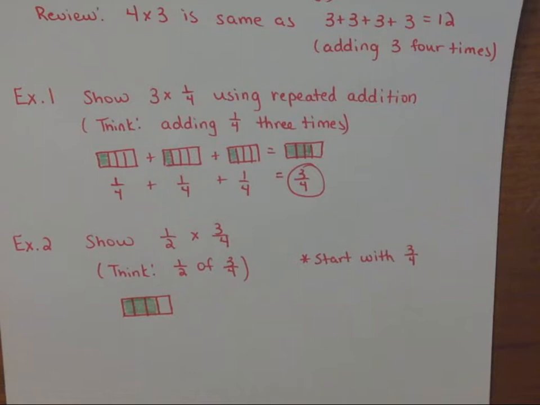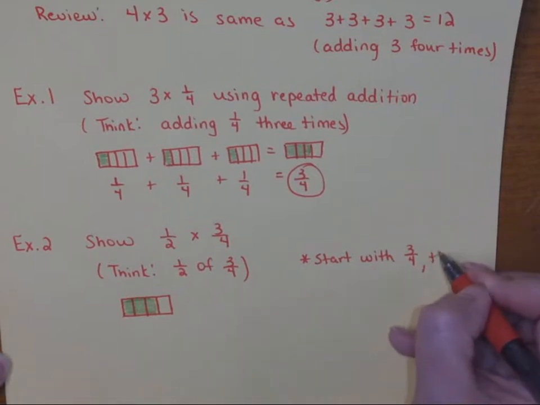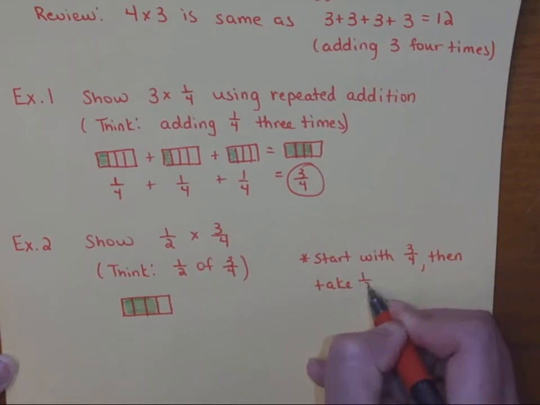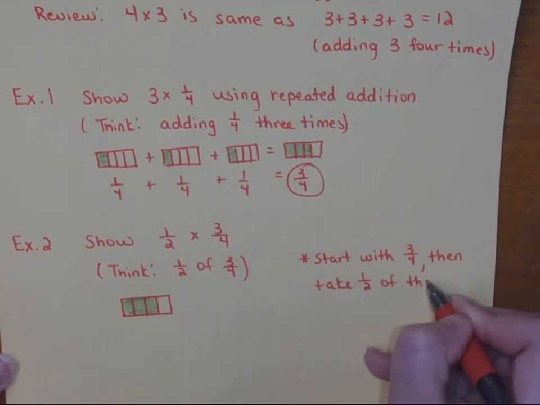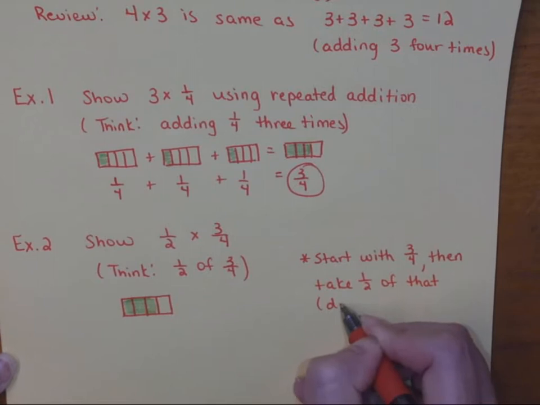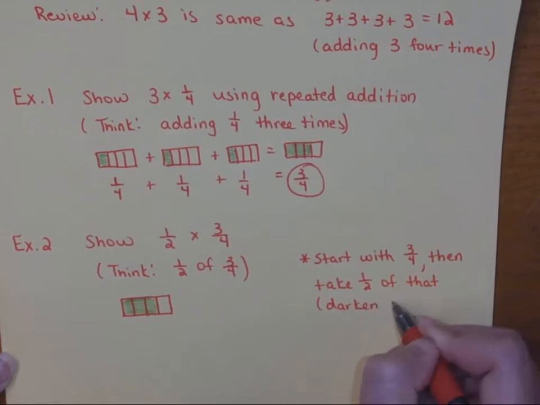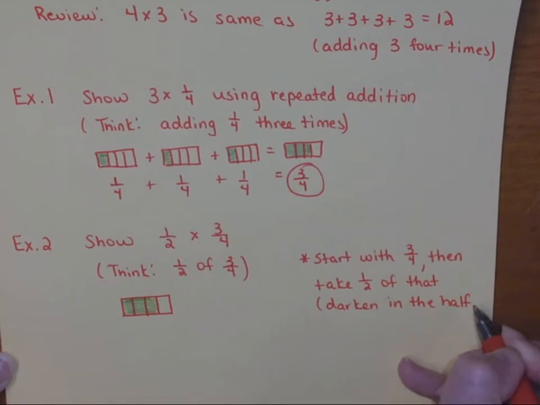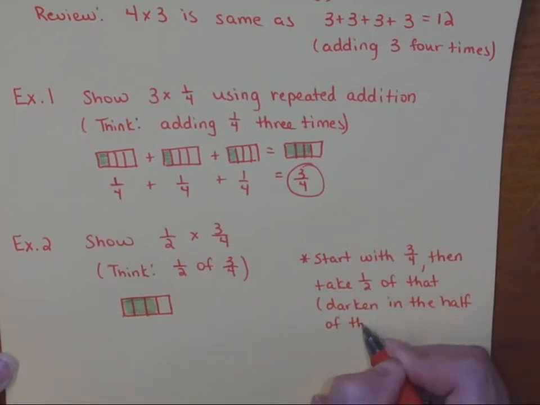Okay, but now we need to take half of that. So over off to the side, we're going to take half of what we already have. And for that, I'm just going to darken in the half of 3/4.